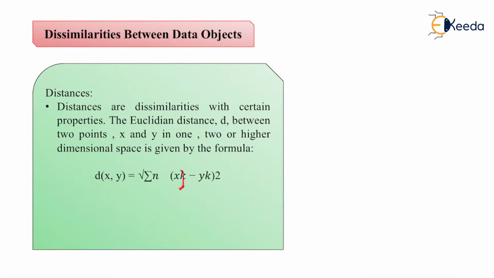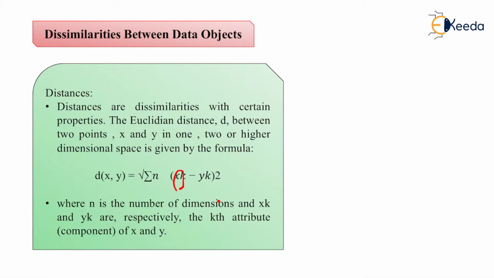That means we add all the squared differences together and then take the root of it. On the basis of that, you can find the Euclidean distance as a dissimilarity measure, where n is the number of dimensions, and x_k and y_k are respectively the kth attributes of x and y.